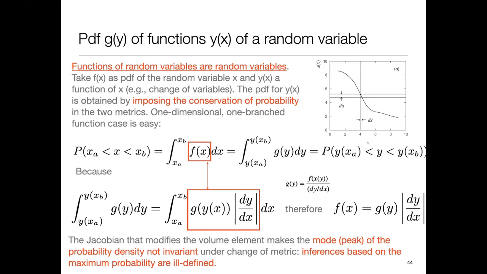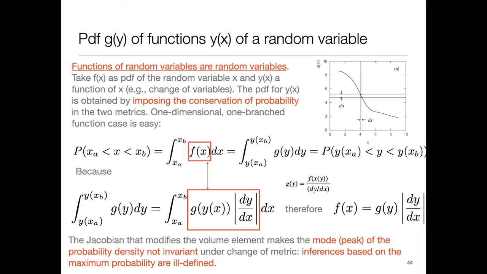Now I would like to answer the question, what happens if I take a function of X, which I call y of X, and I would like to know what is the PDF of Y. Since X is a random variable, Y of X will also be a random variable, just another random variable, and therefore it will have a PDF.